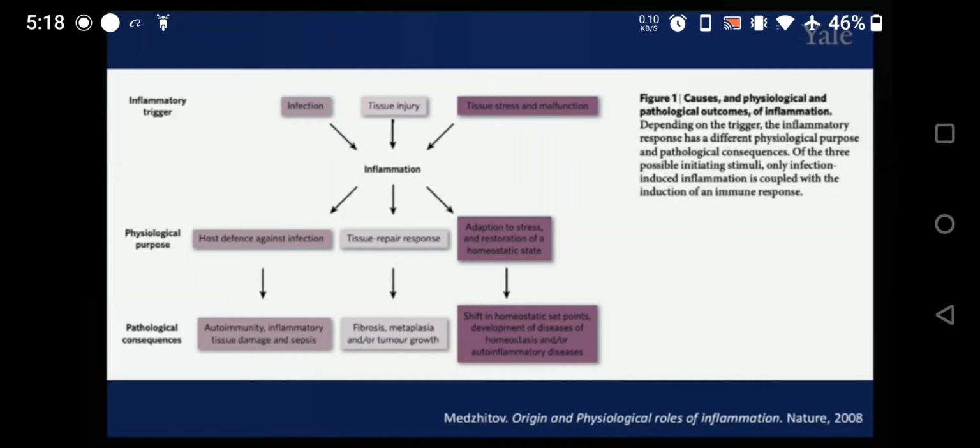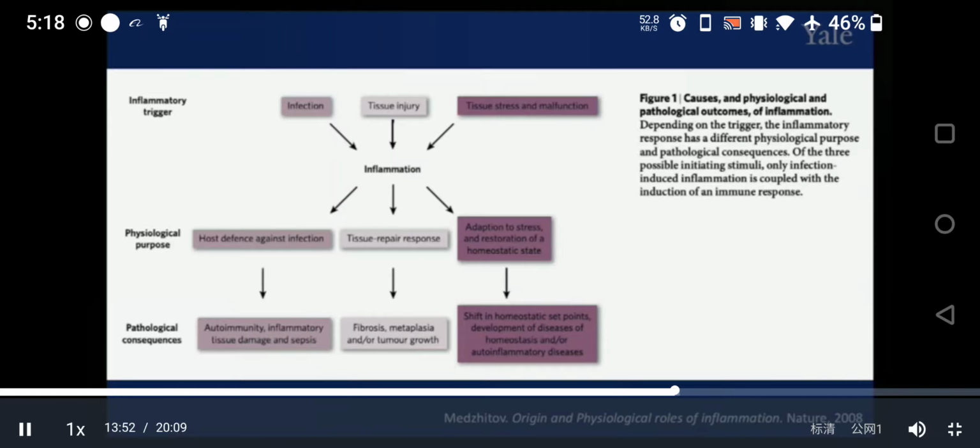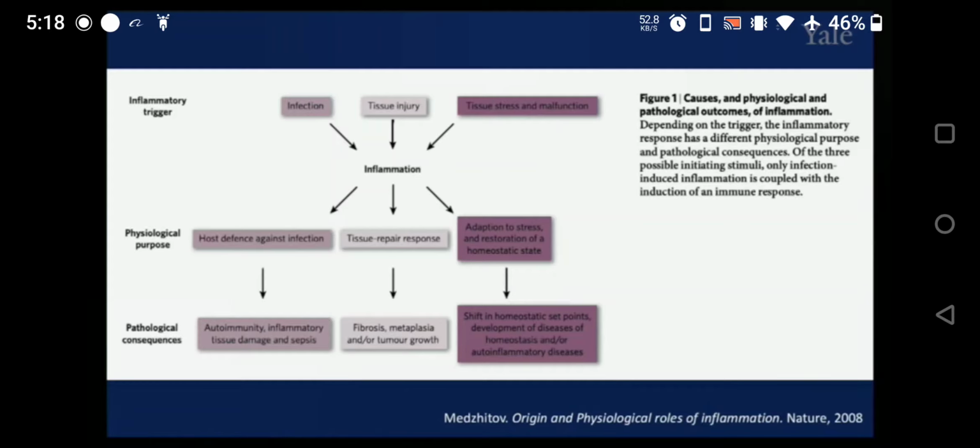So starting with infection, it's the first situation we discussed. So infection induces inflammation, which then induces a host defense against that infection. So if this is dysregulated, you can see things such as autoimmunity or immunodeficiency, so a badly tuned immune response, and it can lead to tissue damage.